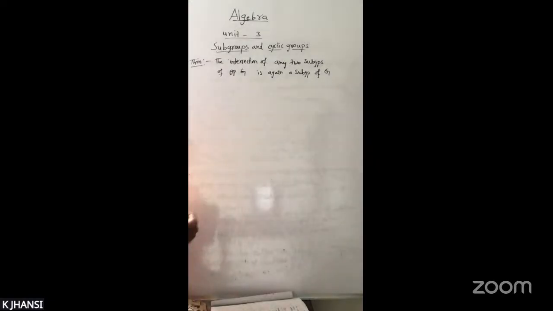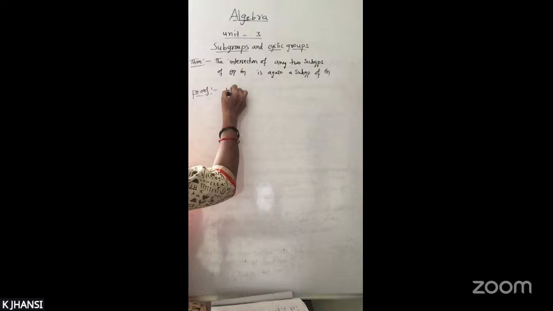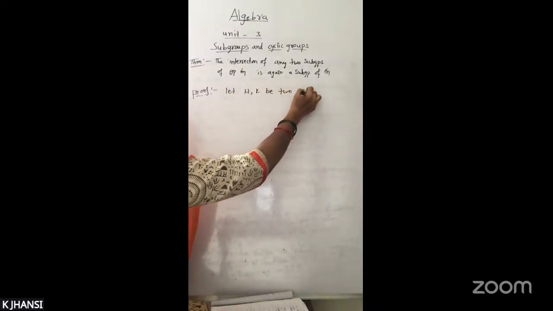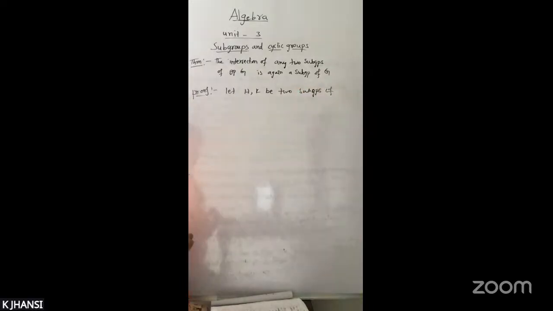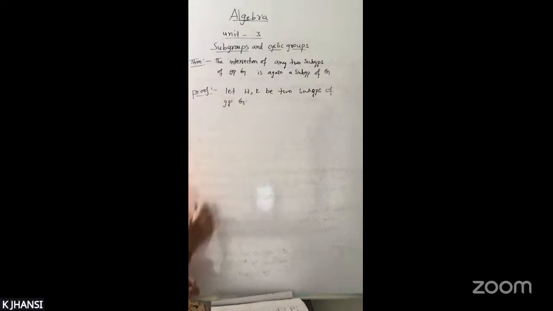So here we are taking the two subgroups as H and K. The proof is: let H, K be two subgroups of the group G. Just now I told you that the improper subgroup is G itself, and also the identity element.